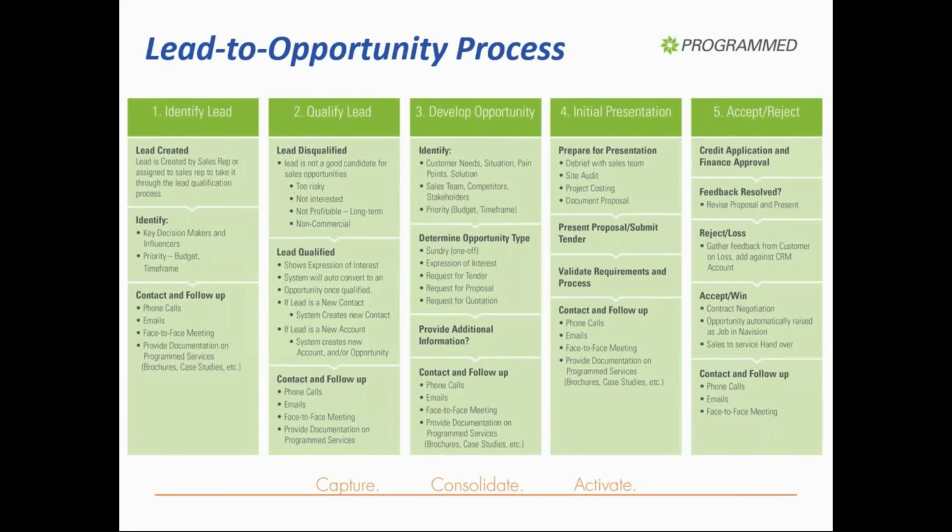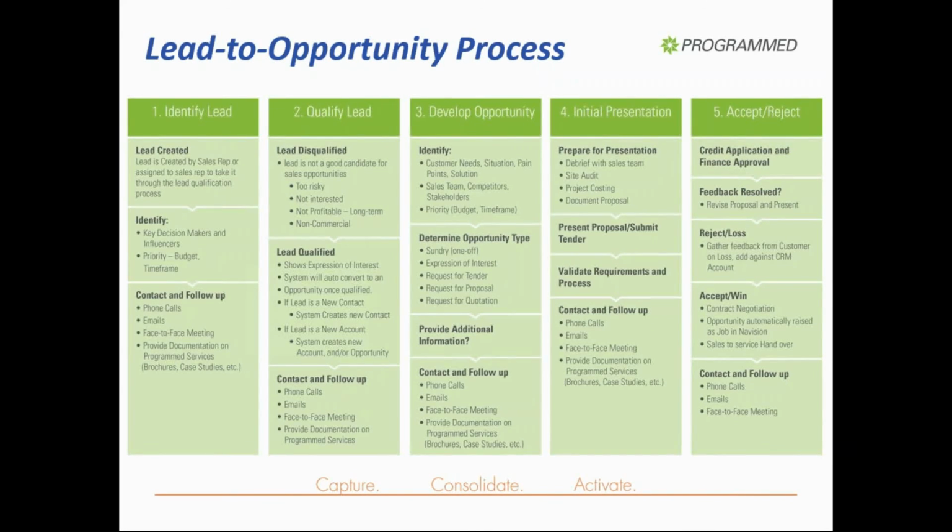Now what you have in front of you here is the lead to opportunity sales process. We've reviewed the sales process from all the divisions in the program business and come up with a 5-stage, simplified and very concise sales process that crosses from lead all the way through to closure of opportunity.